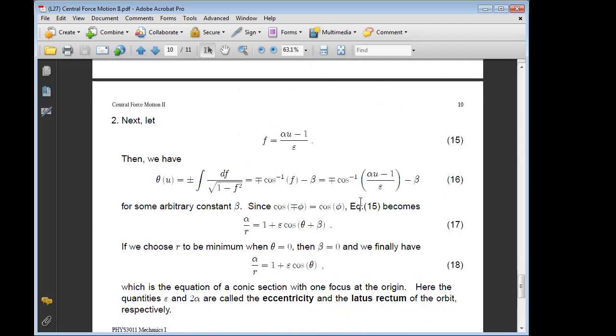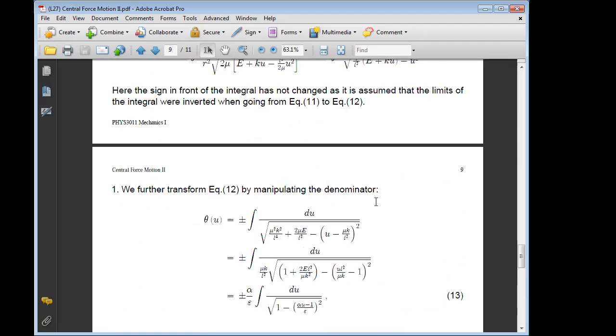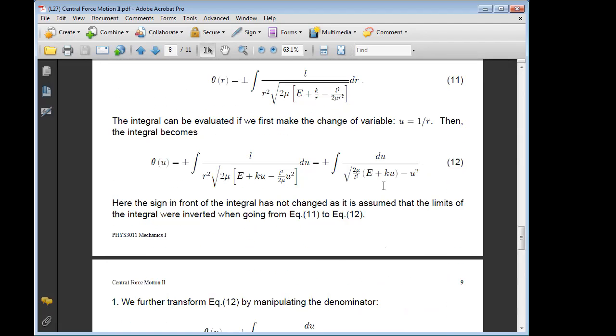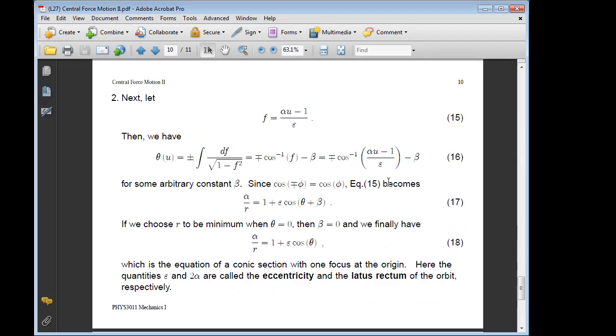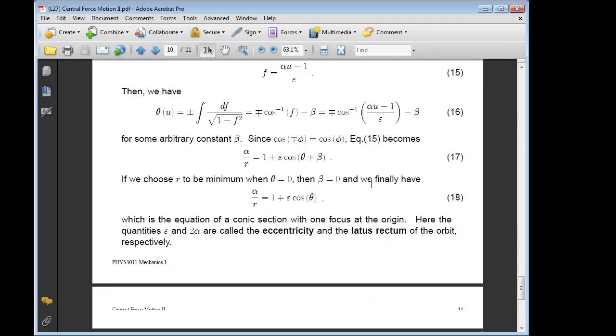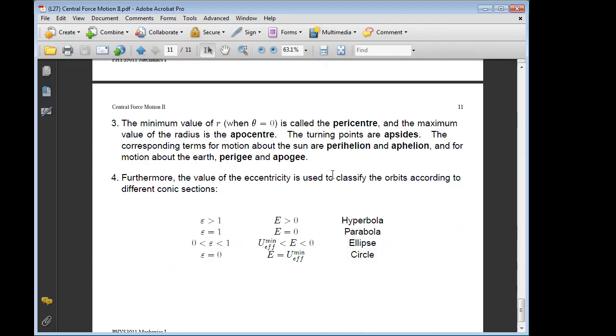Now, if instead of having the inverse square law, or n equal to -1 for the potential energy, what kind of trajectories do we expect for the case of the harmonic oscillator? What kind of orbit do we expect for the simple harmonic oscillator?